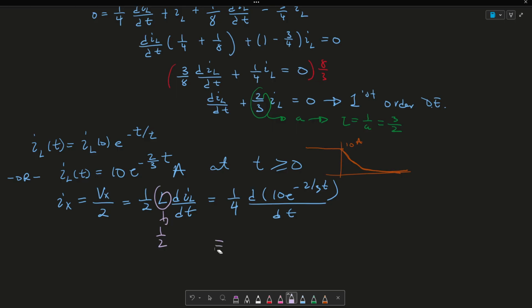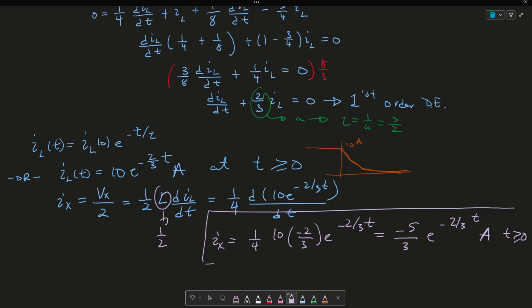We get that Ix is equal to 1/4 times the derivative of 10 e to the minus 2/3 t, which is going to be 10 times minus 2/3 e to the minus 2/3 t. So this is equated to 5/3 e to the minus 2/3 t amps, and this is for t greater than or equal to 0. So this is my Ix equation, or Ix solution.